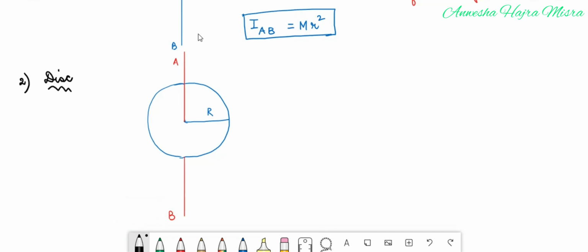Now in that case, we divide the disk into small rings. Since we know the moment of inertia of the ring, we divide the disk into small rings. Let this radius be x, and the bigger ring has a radius x plus dx. dx is the thickness of this small strip of ring.